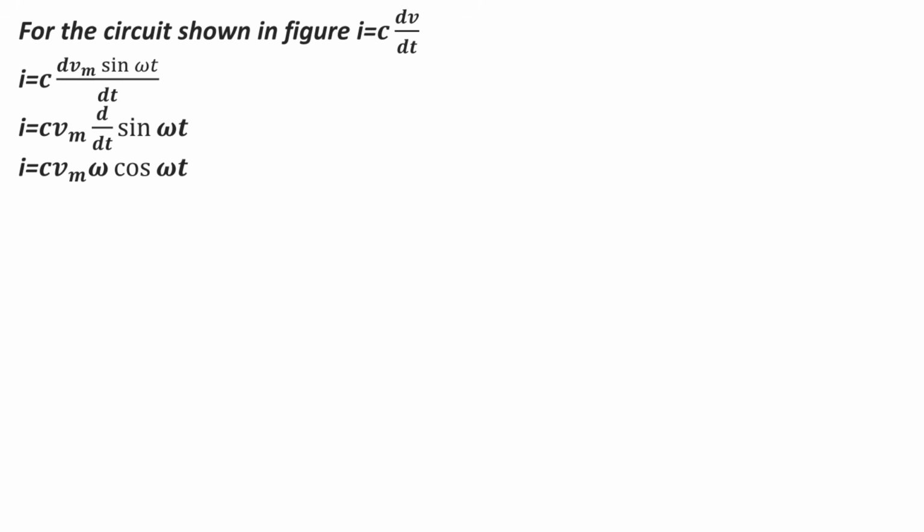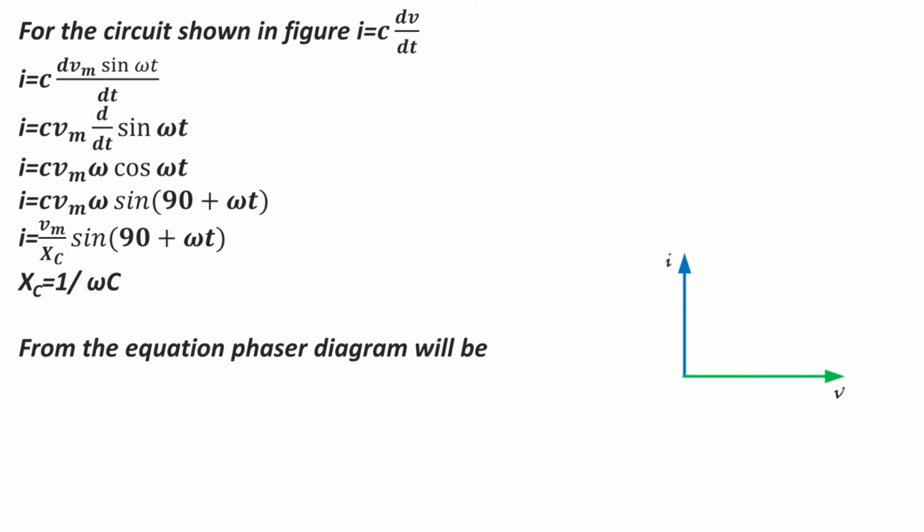Therefore I equals C into Vm into omega cos omega t. Now we can write cos omega t as sin(90 plus omega t). Therefore I equals Vm by Xc sin(omega t plus 90). From the equation, the phasor diagram is as follows, where V is the reference and I is the current sin(omega t plus 90).